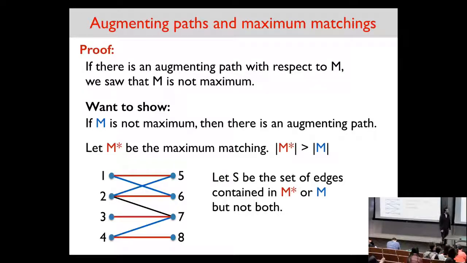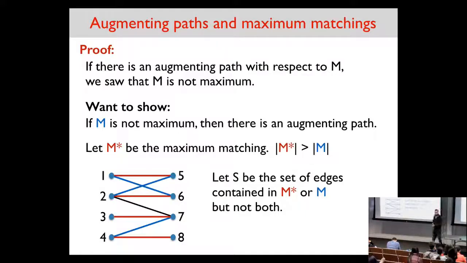S is going to be the set of edges contained in M star or M, but not both. In other words, it's the set of edges that are colored either red or blue, but not colored red and blue at the same time. In this particular case the matchings do not share an edge, but they could have.